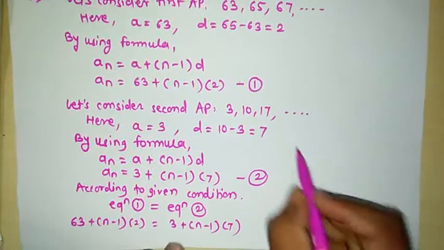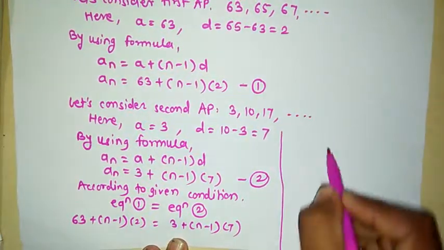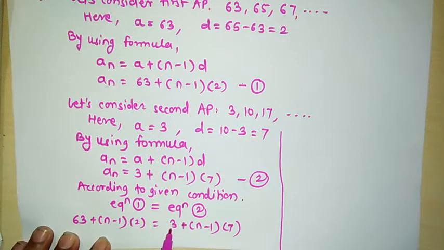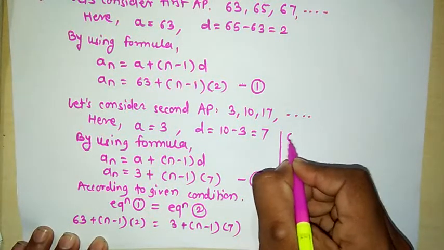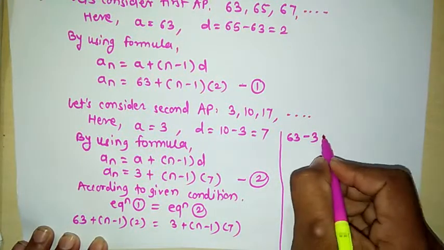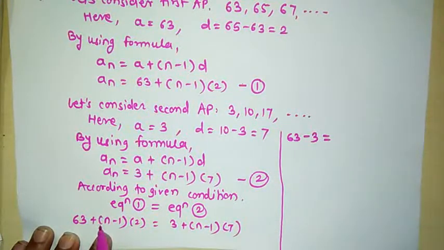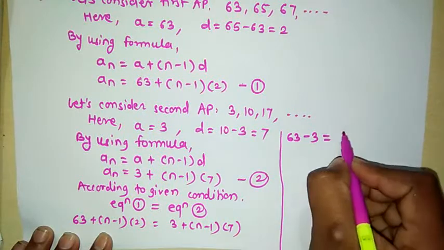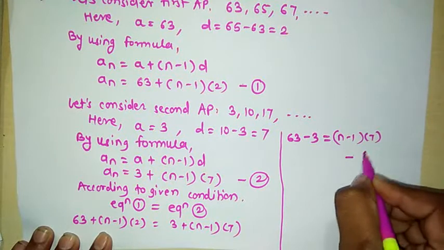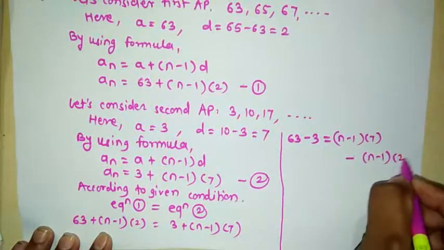Now I will solve here. Send this 3 towards this side, and n minus 1 into 2 towards the right hand side. 63 minus 3, this plus will become minus 3, which is equal to, now this is a plus, it will become minus, n minus 1 into 7 minus n minus 1 into 2.